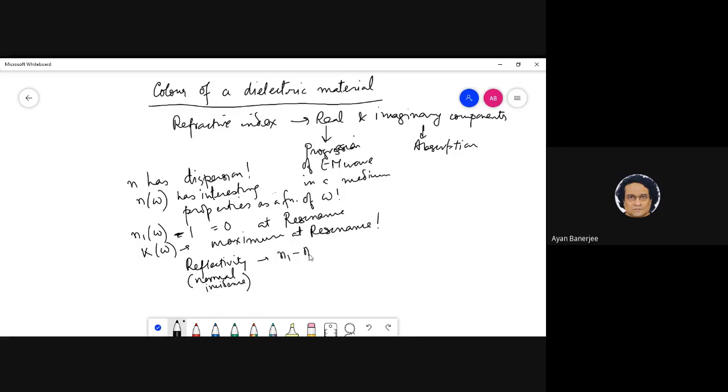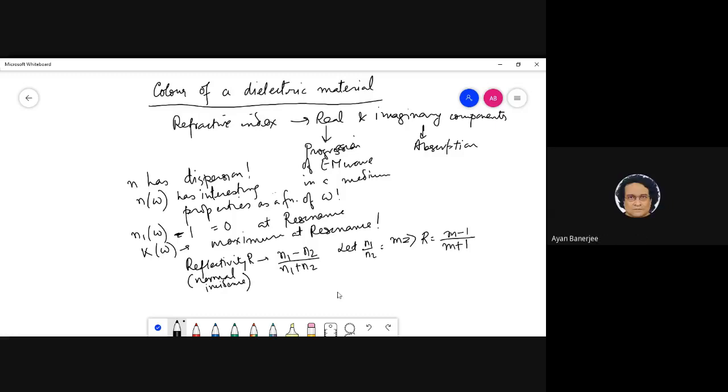You have r equals n1 minus n2 by n1 plus n2, and I suppose I say that let this n1 by n2 be some m, in which case this r becomes, tell me what it will be. m minus 1 upon m plus 1. Exactly.